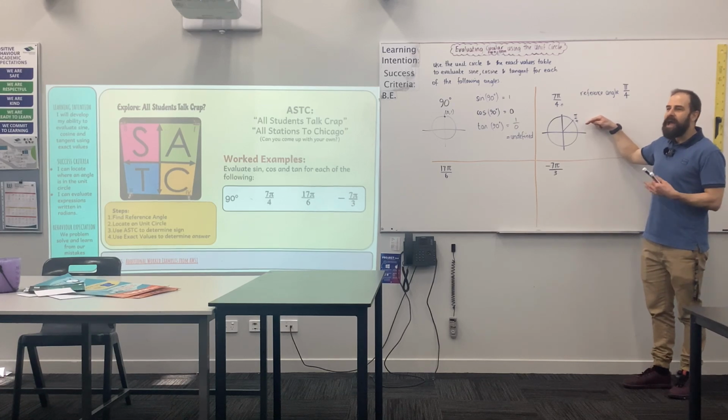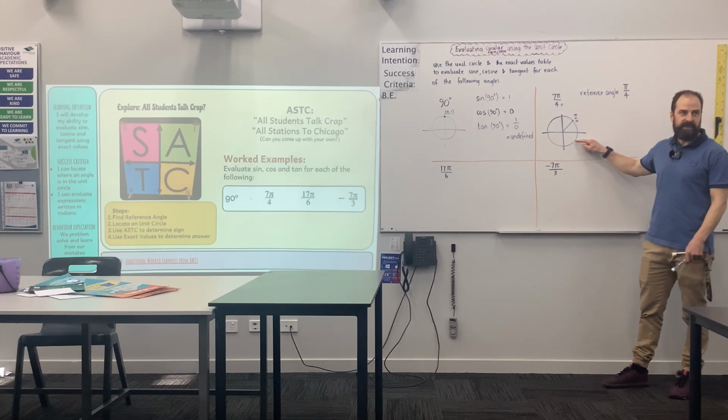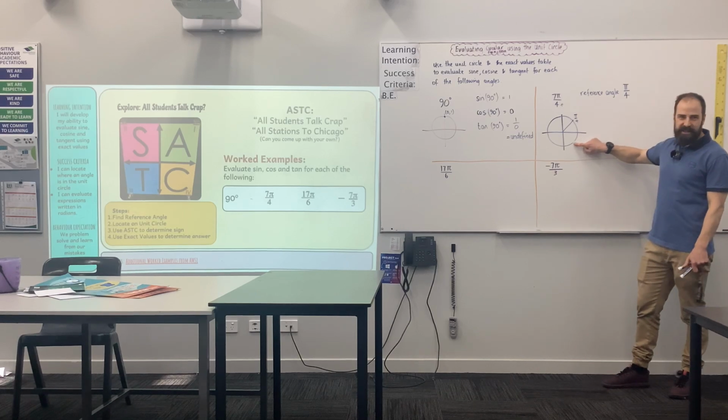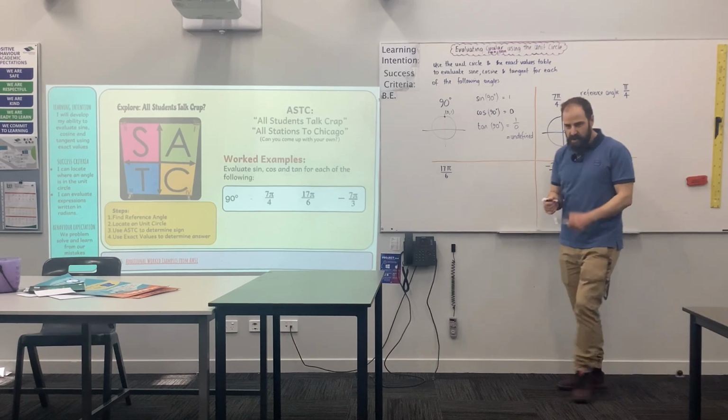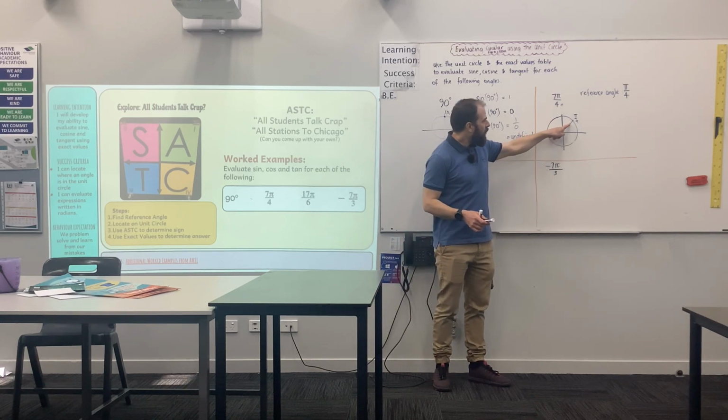When you get good at knowing where your angles are, some of you will be able to jump straight to 7 pi on 4 and know it's over here. There are a couple of shortcuts that you can use to work that out. But if you're having trouble, I'm going to just tell you to count them out. This is 1 pi on 4. This is 2 pi on 4.